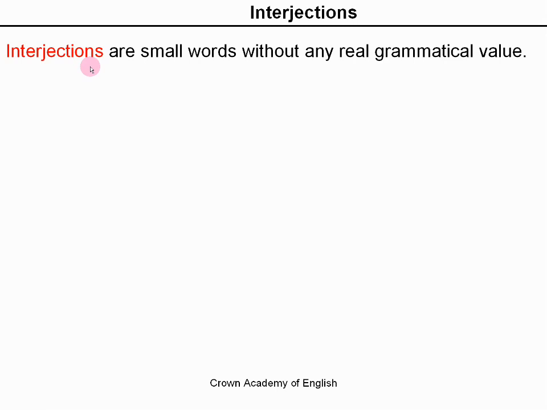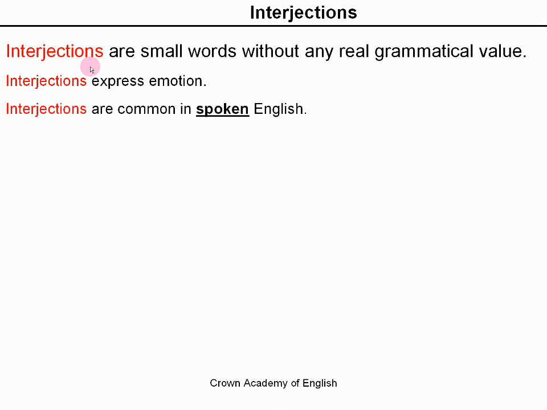They are sort of alone and by themselves a little bit. They usually express an emotion or some sort of exclamation. And they are very common in spoken English. So be careful, we do not usually write these.